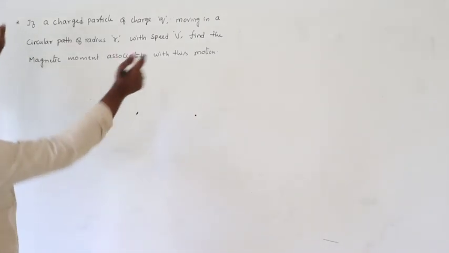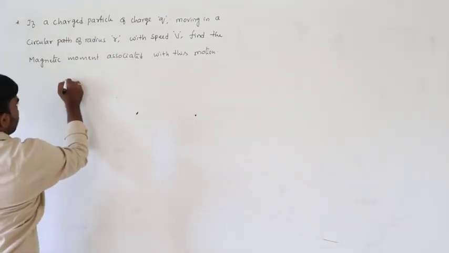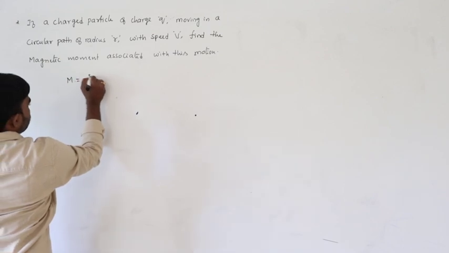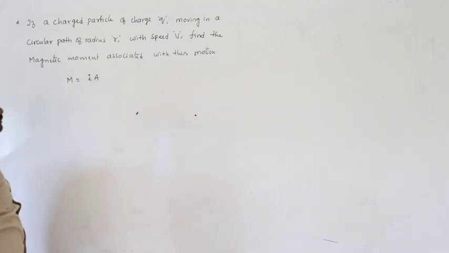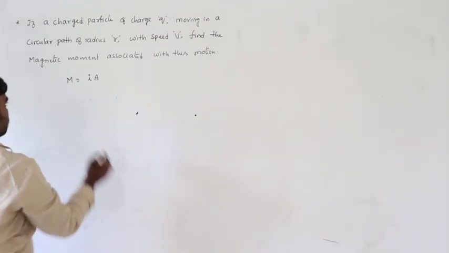Here, the magnetic moment formula for 1 turn is M is equal to IA.